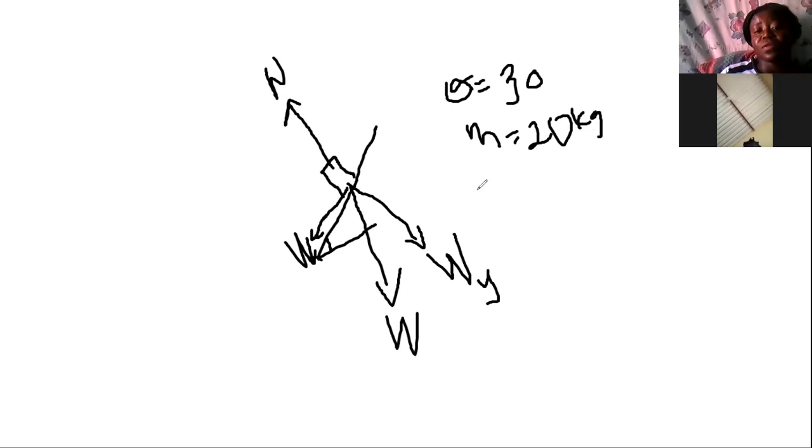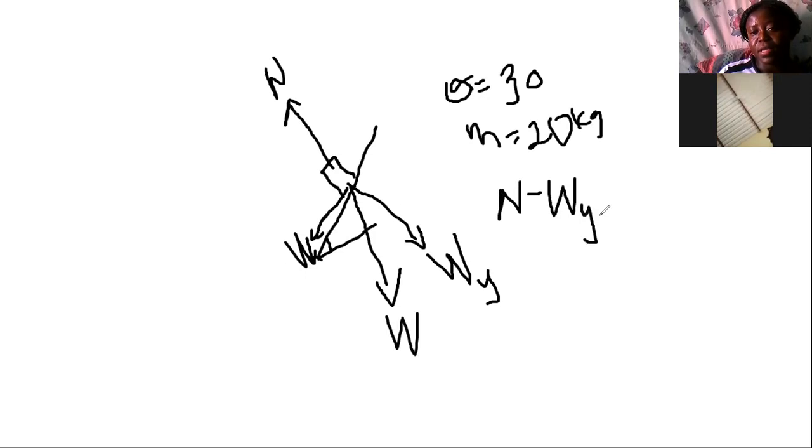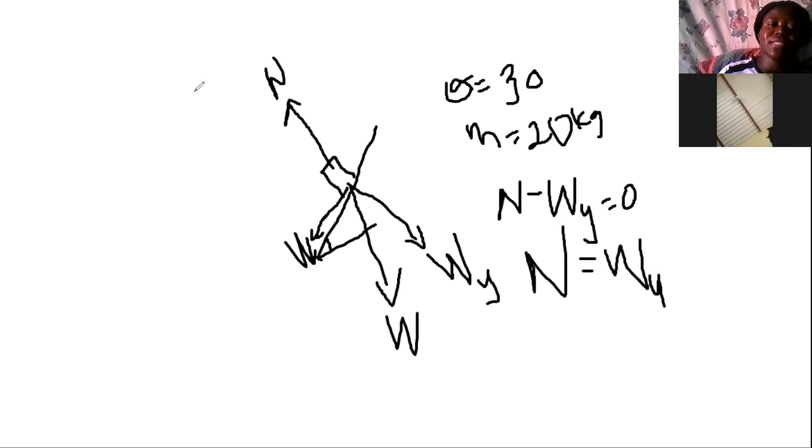Okay, so if we calculate this, if there is no motion, we said previously that the forces acting in y is equal to the normal force minus the weight in y. It's going to be equal to 0. So we have that the normal force is equal to the weight in y. So what is the weight in y? We said this is with the horizontal surface.